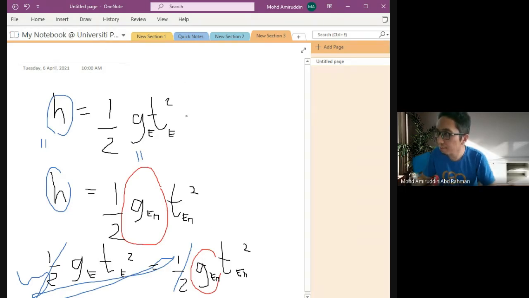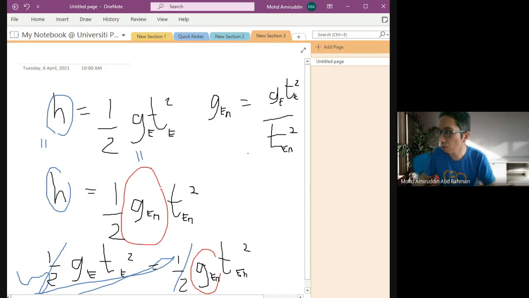So what you get is G_En equals G_E t_E squared divided by t_En squared.